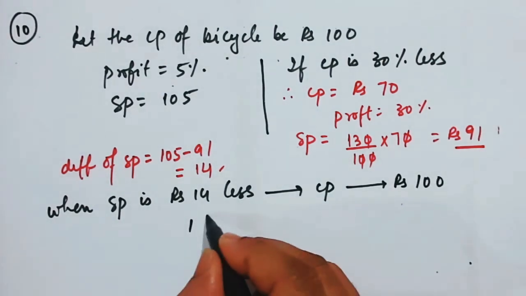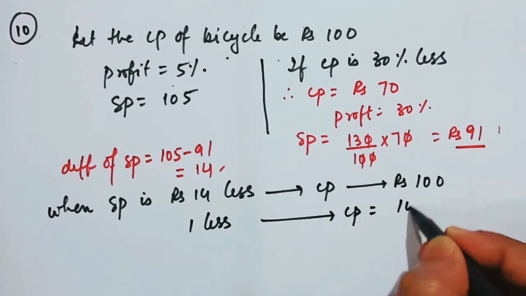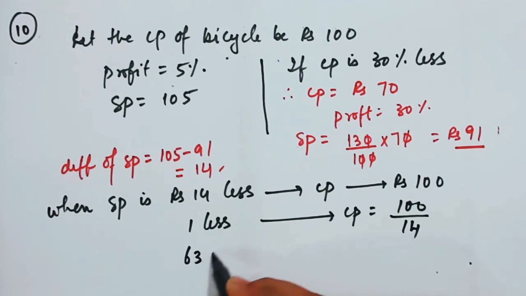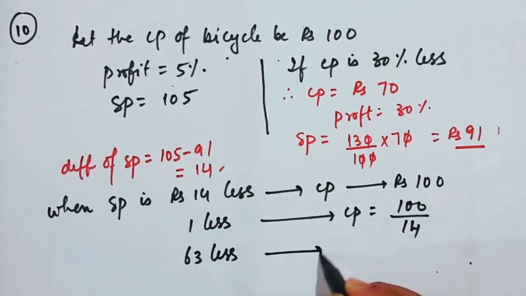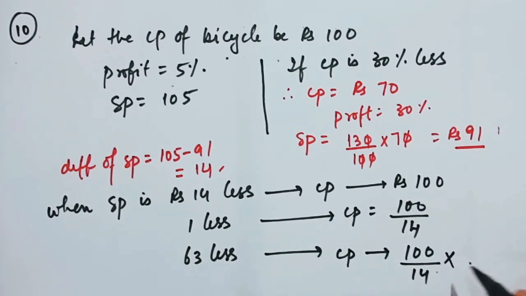So when 1 less, the cost price will be rupees 100 by 14, and when 63 less, the cost price will be, just calculate and see what you get, into 63.